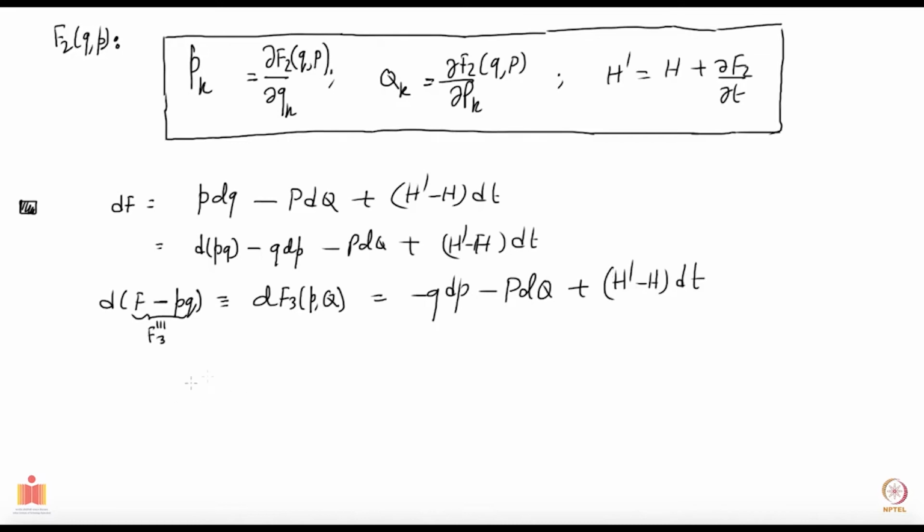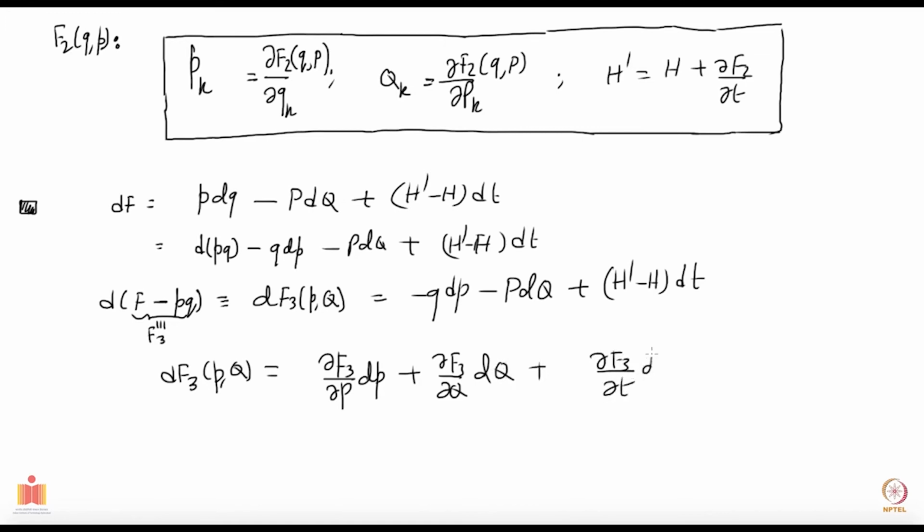Okay, and as before, I can write my total differential of df3, which is a function of small p and capital Q, as del f3 over del p dp plus del f3 over del capital Q dq plus del f3 over del t dt.